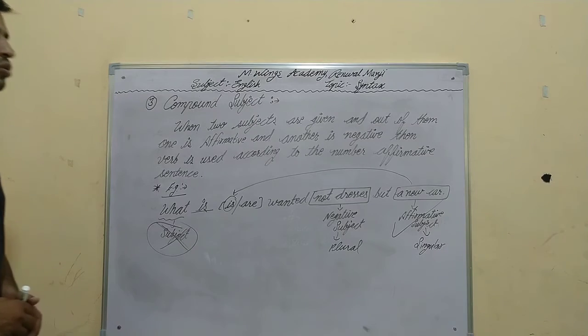So this is the rule: when compound subjects are given in the question, we use the verb according to the number of the positive subject. Okay.